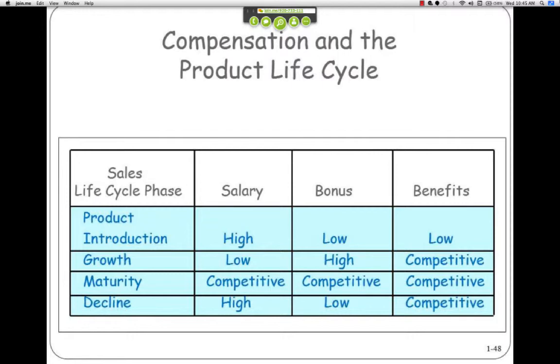And when you're in a declining business that you just want to milk until it's done, bonuses are going to be tough. In a shrinking business it's tough to have bonuses, so you'll have to go back to a high salary model again for those people who you want to keep around to get as much out of the business as you can.